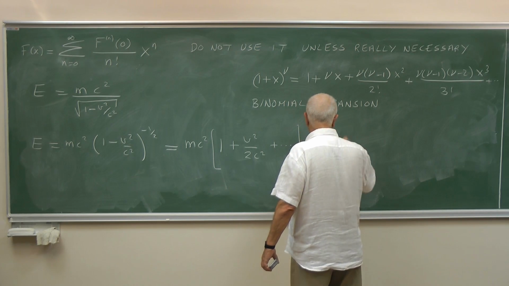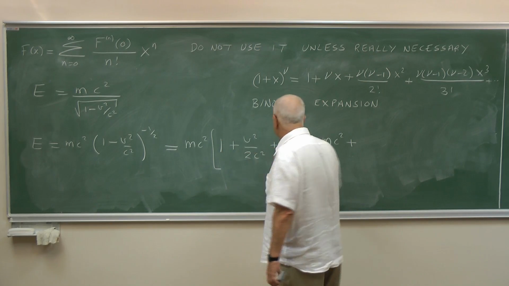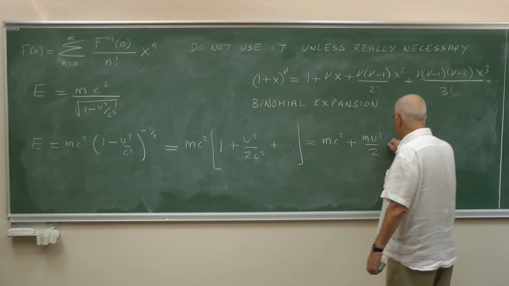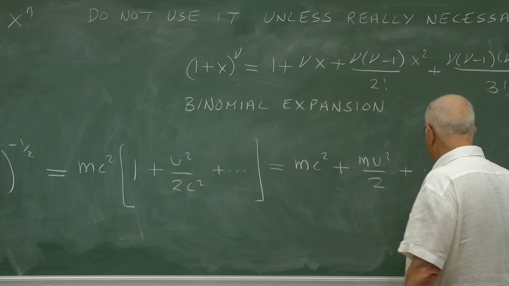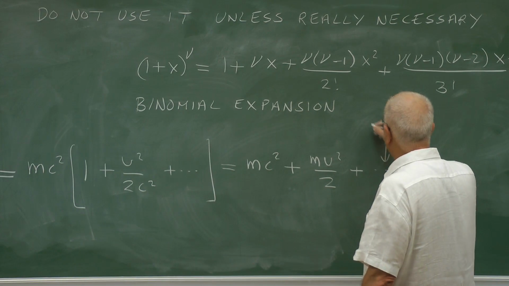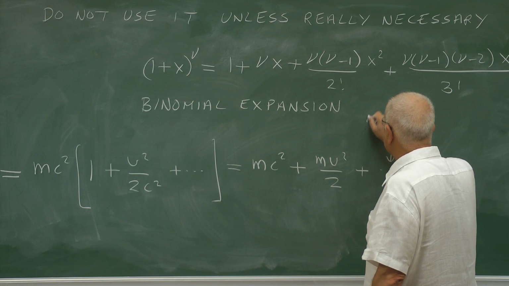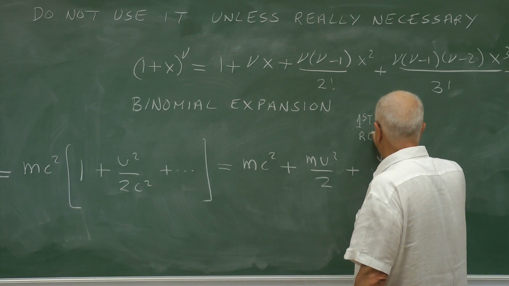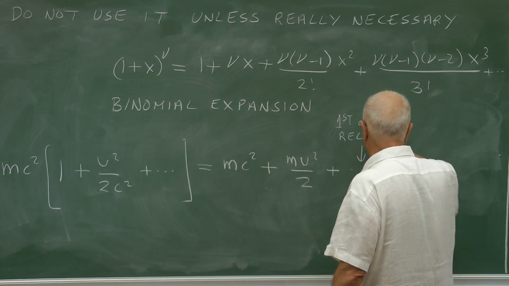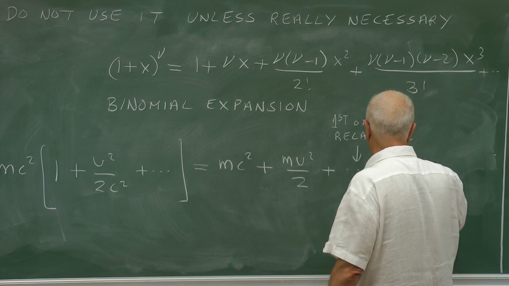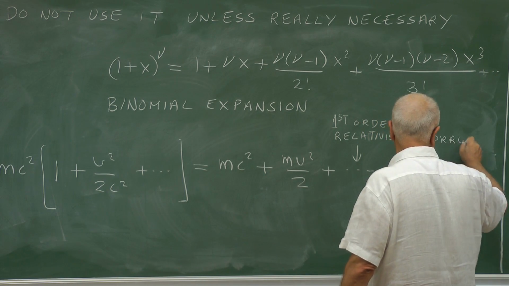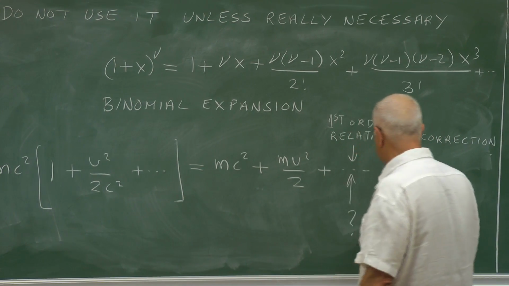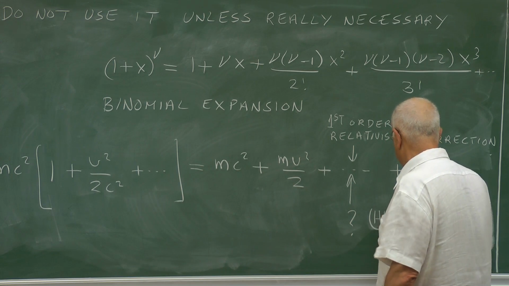So this equals mc squared plus mv squared over 2. This is the so-called rest energy, kinetic energy, and other terms. Now the first term is the so-called first order relativistic correction. So what does this equal to? Homework problem.